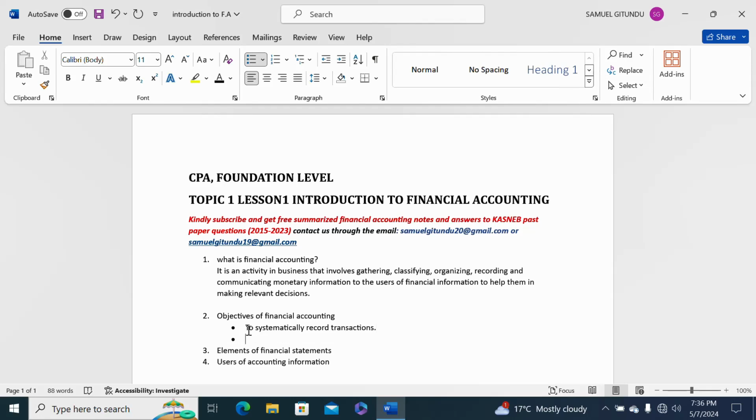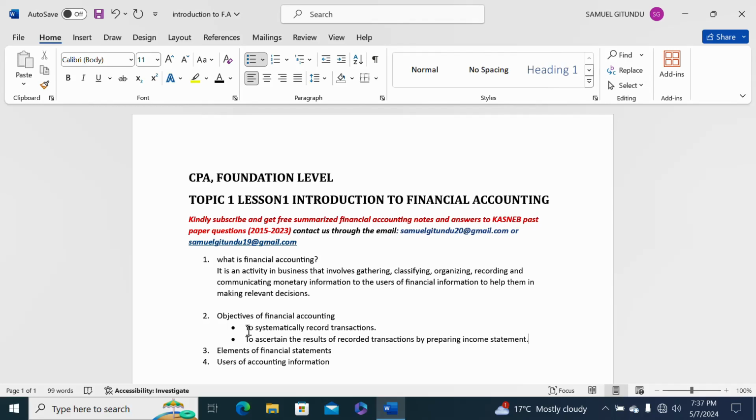Then the second objective of financial accounting is to ascertain the result of recorded transactions by preparing an income statement.